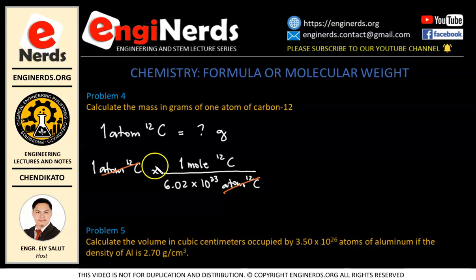Now we know how many moles of carbon-12 we have, but what we need to find out is its mass. We also learned from our previous lesson that in order to convert mole to mass, we need the molecular weight of carbon-12. Using the periodic table, for every 1 mole of carbon-12, we have 12 grams of carbon-12.